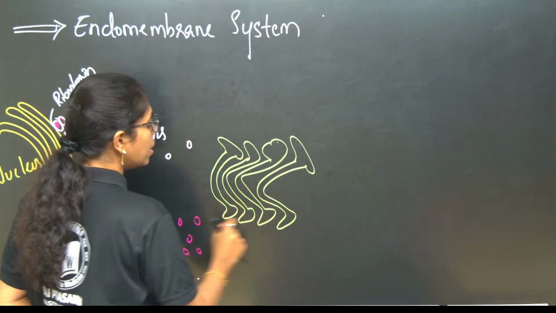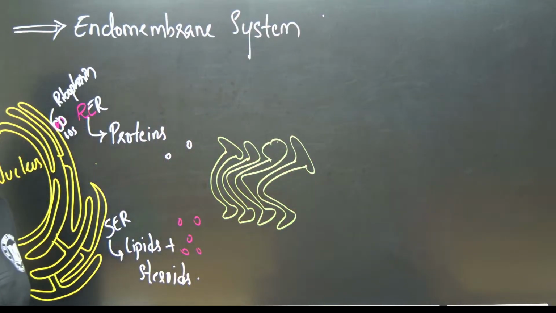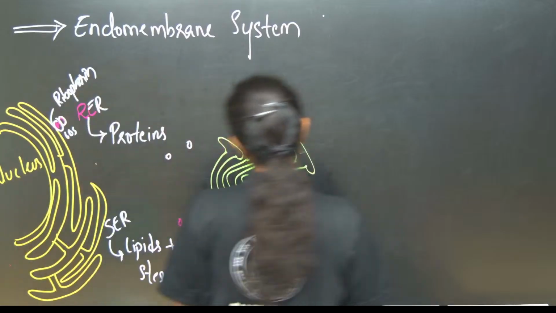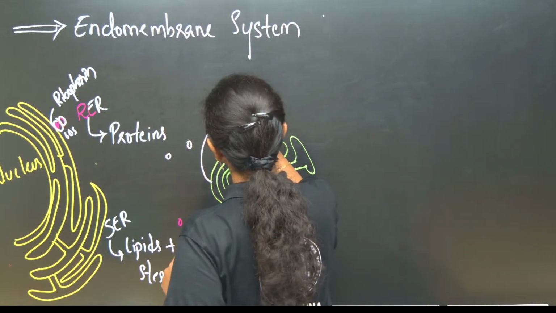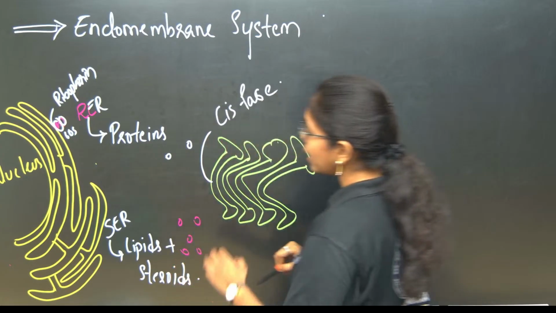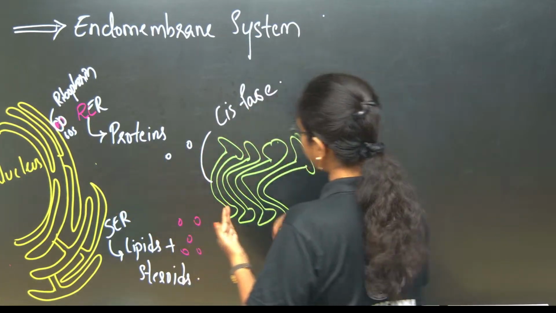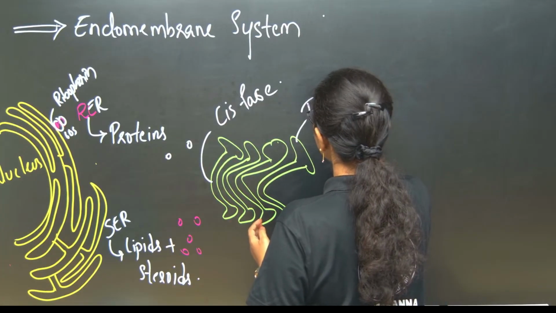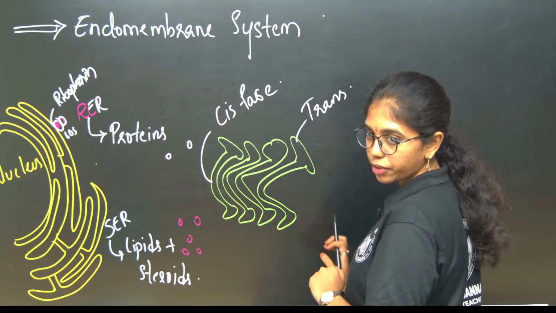So, these are the lamellar structures, the cisternae interconnected in the animal cell, wherein the cis face of the Golgi is towards the endoplasmic reticulum and the trans face of the Golgi is towards the cytoplasm.